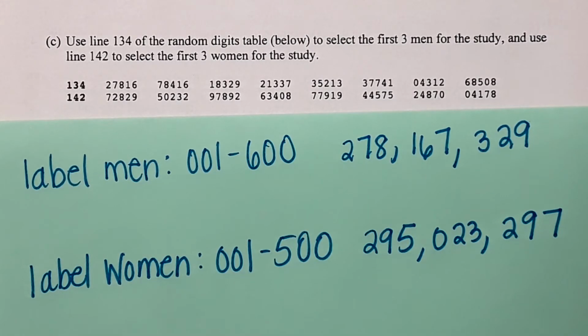If they don't specify, you do want to say you're going to separate the men and the women. Don't make them one big long line. You can, but you have to say, I'm going to number them this way, and the women are going to be this way, and I'm going to start at this line, or I'm going to use a computer-generated method or a calculator. That's what you want to do.